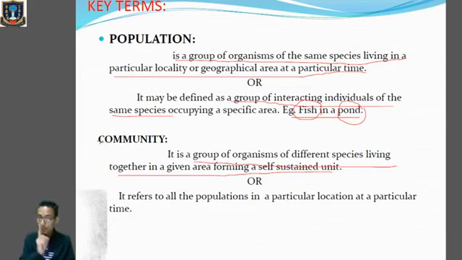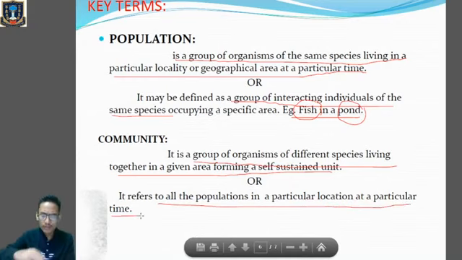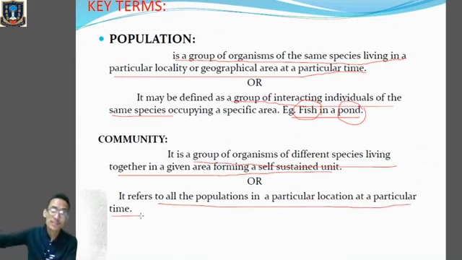When we're talking about population, we are talking about the same species. But when we are talking about the community, we are talking about the group of organisms which belong to different species, different groups which occur together in a particular area. Therefore, community refers to all the populations in a particular location at a particular time.